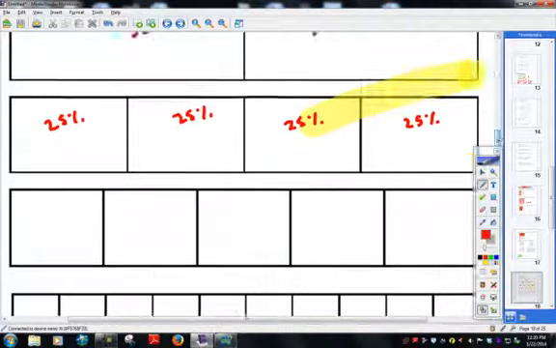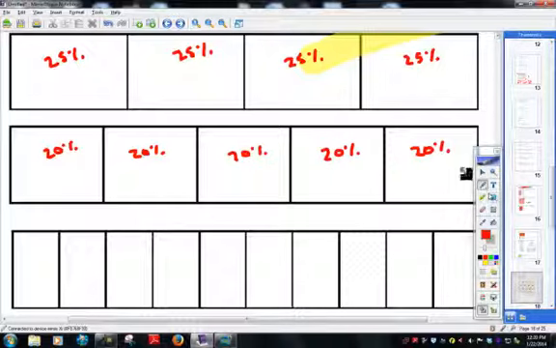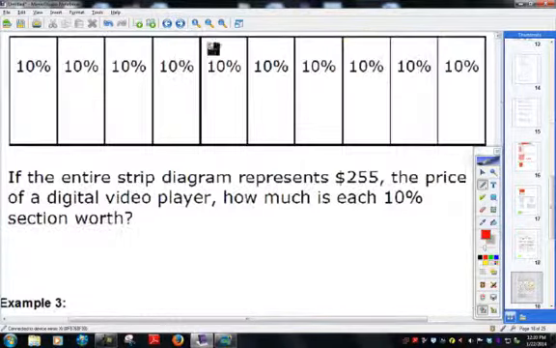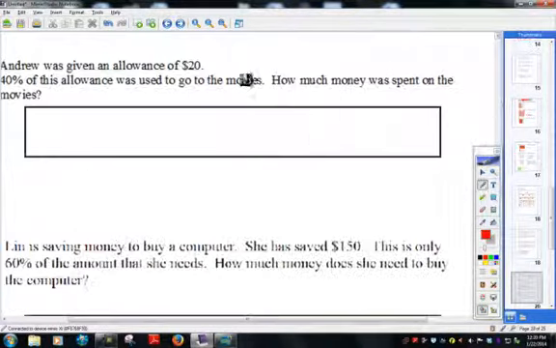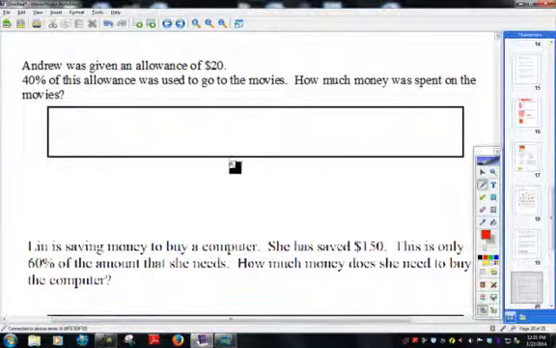Or I can break it into 5 sections of 20%. Or the last one here, which is just 10% sections. All of those always equal 100%. So let's go practice. I know we've already done this, but you guys need to get this.